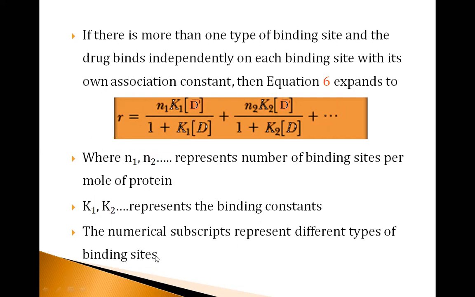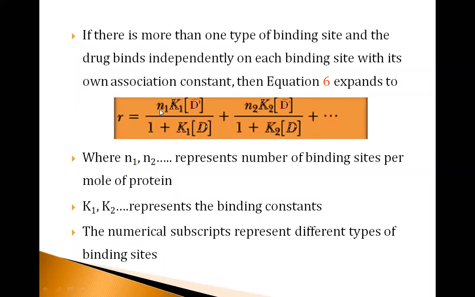So this subscript number, whatever we are designating in the equation, represents the types of binding sites. If I want to know whether it has more than one binding site or not, then the equation has to be expanded with respect to the number of types of binding sites, which is represented by adding the numbers 1, 2, 3 to the subscript of that particular letter.